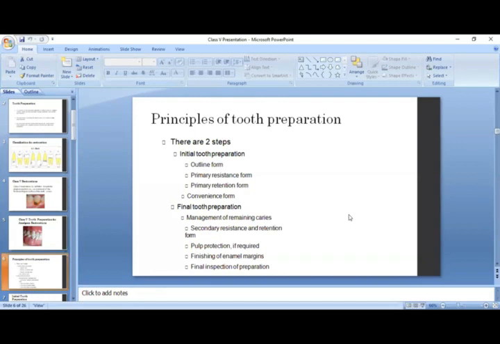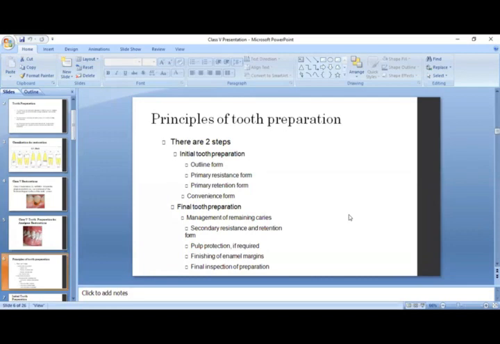So your cavity design should resist the forces that will be on that restoration. It should be resistant against those forces so that it can be retained on the tooth structure.